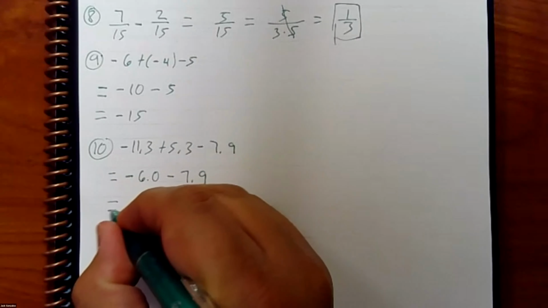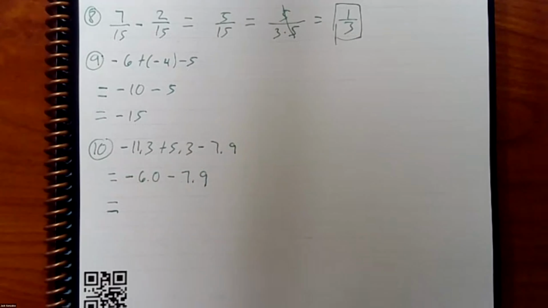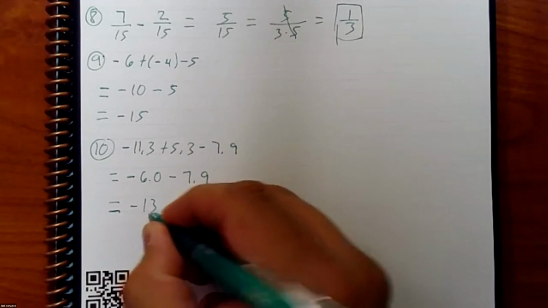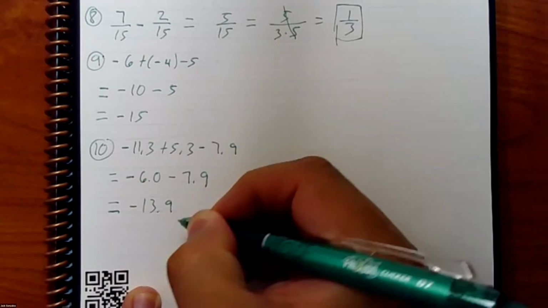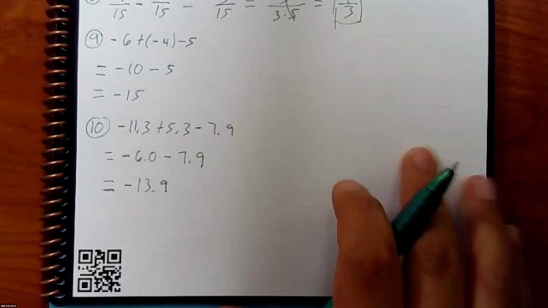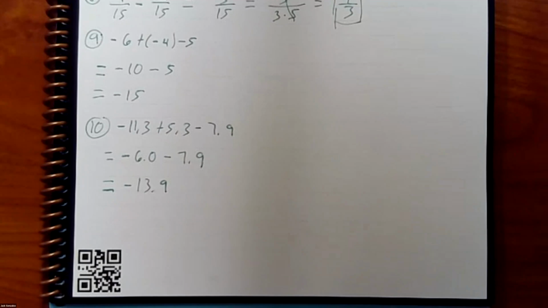What's this gonna be? All right. Try 11 and 12. I think that might be it.